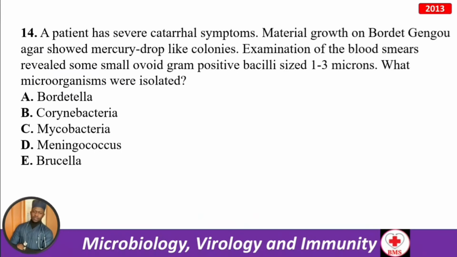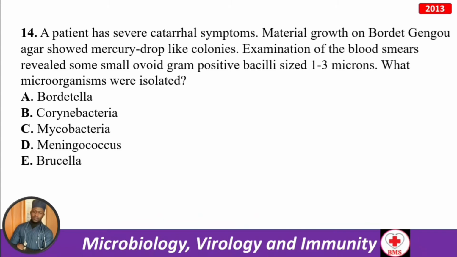A patient has severe catarrhal symptoms. Material growth on Bordet-Gengou agar showed mercury drop-like colonies. Examination of the blood smears revealed some small ovoid, gram-negative bacilli sized 1 to 3 microns. What microorganisms were isolated?